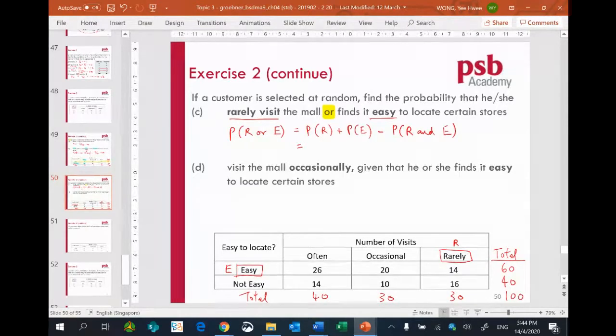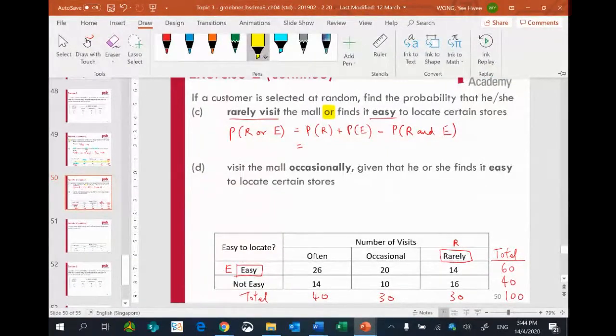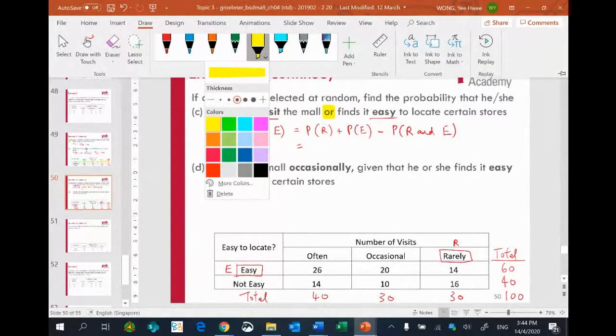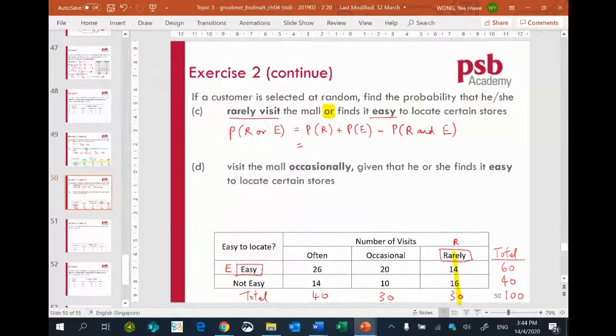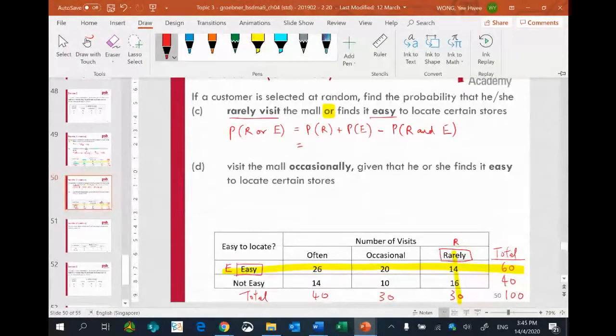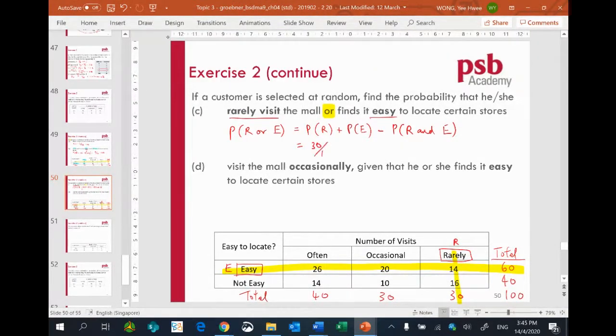So remember that you're going to minus off something because there are some overlaps. Right, so what is rarely? If you were to highlight this, it will be here, rarely 30. Then easy 60. So rarely 30, easy 60.